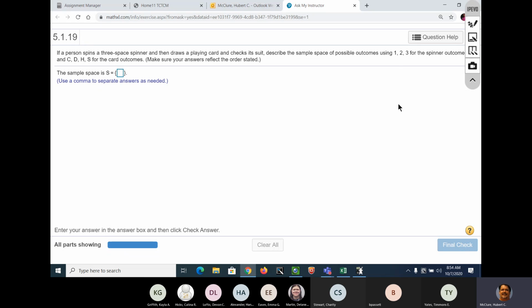Can y'all see my screen? Yeah. Okay. I'm still trying to figure this question out. I've never seen this question before. If a person spins a 3-space spinner and then draws a playing card and checks his suit, describe the sample space of possible outcomes using 1, 2, 3.